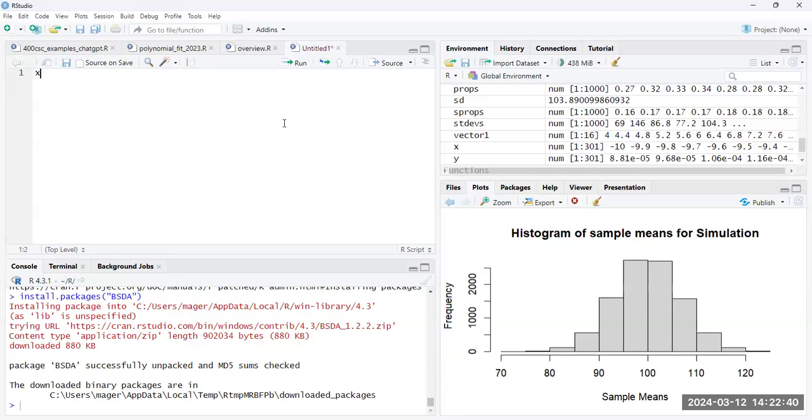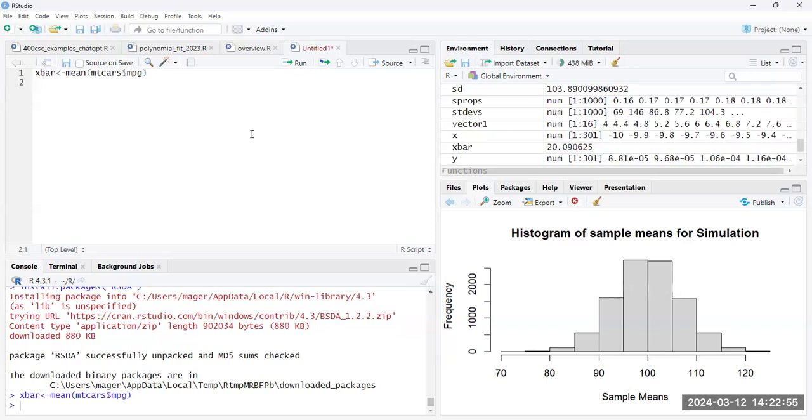So we're going to calculate x bar, which is going to be the mean of our sample from the mtcars data set. And our sigma, we're going to assume for this calculation that the population standard deviation is about 6.